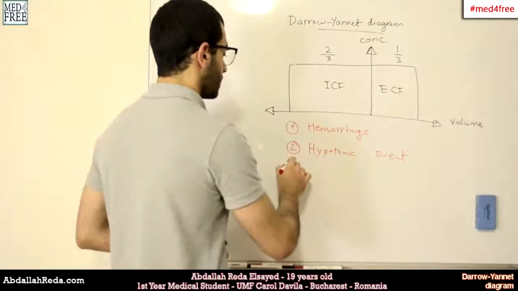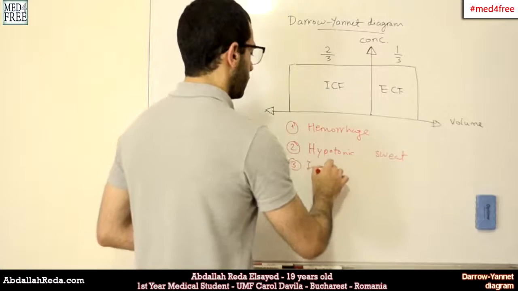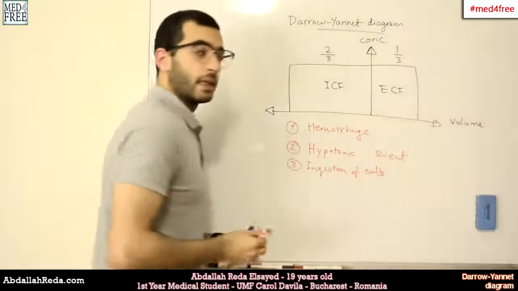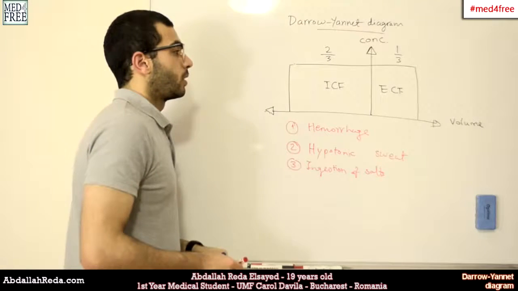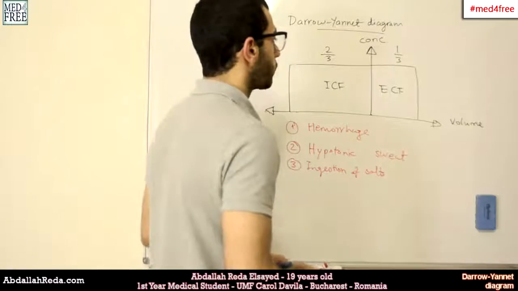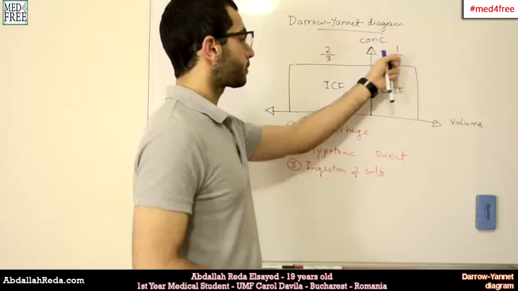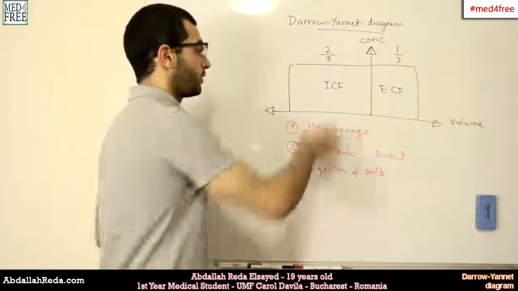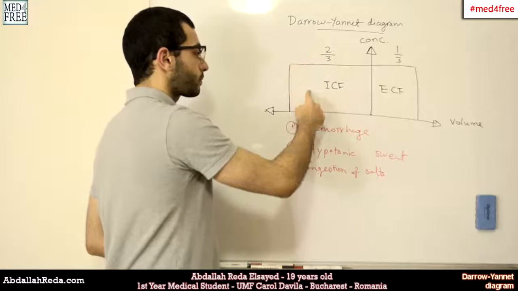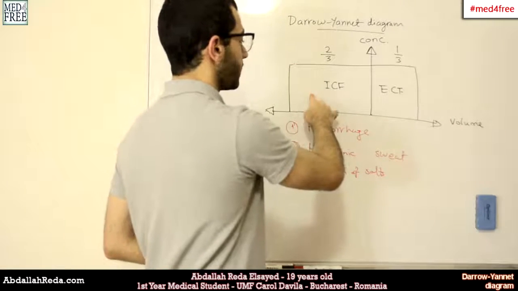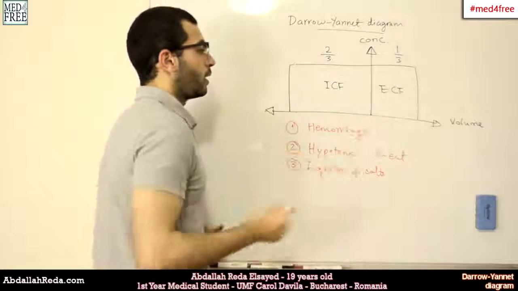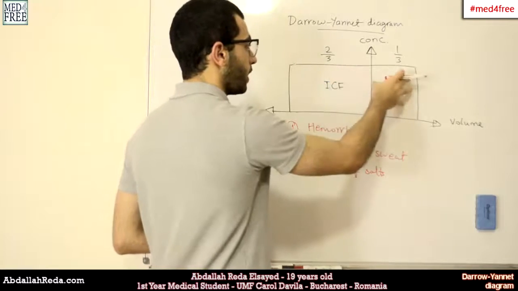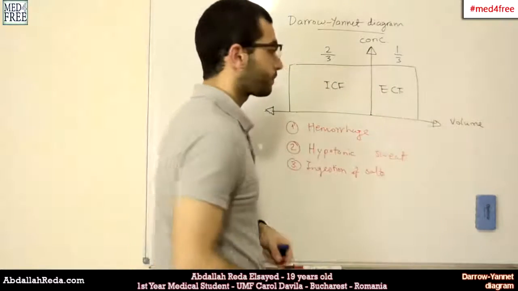The third case is ingestion of salts, like in salt tablets, for example. So this, of course, will raise the concentration here, and so as a reaction of this compartment, the fluid will go from this compartment to this one, and the effective salt is very high, so that the fluid that goes from this part to the other one will actually affect its volume.